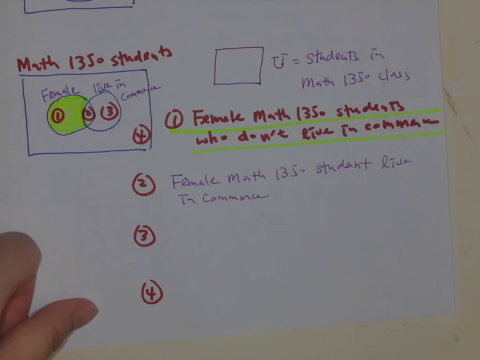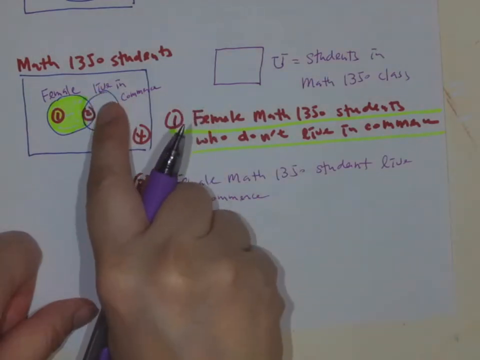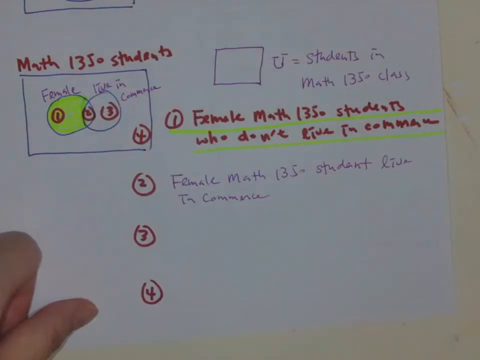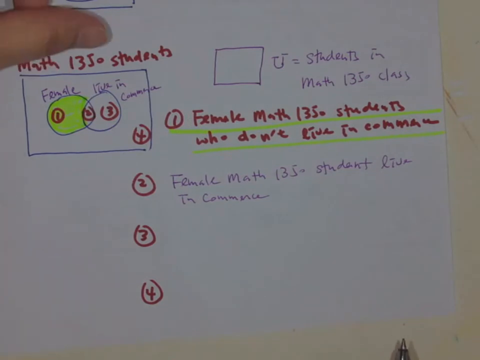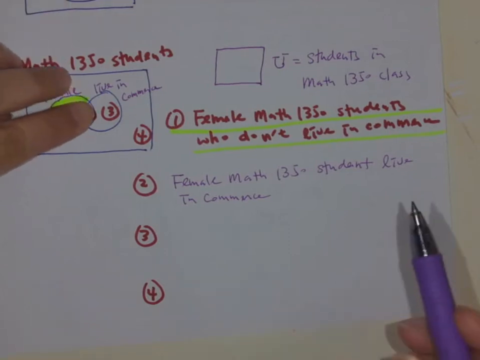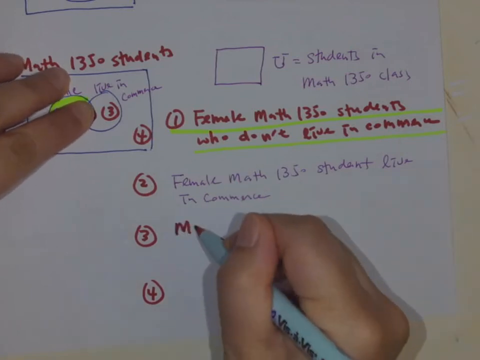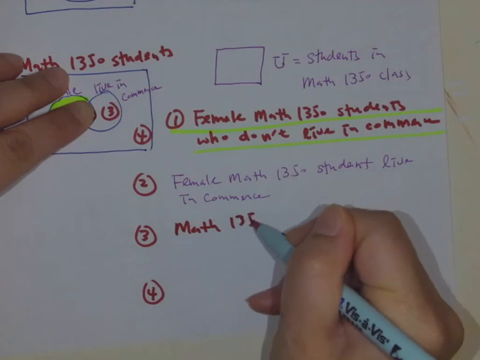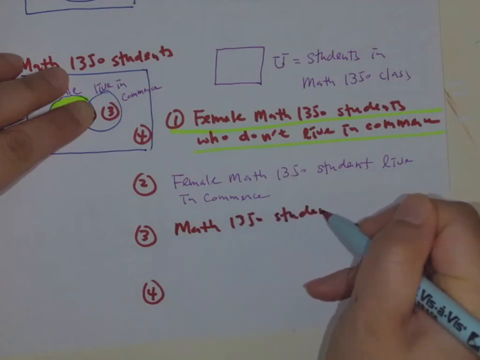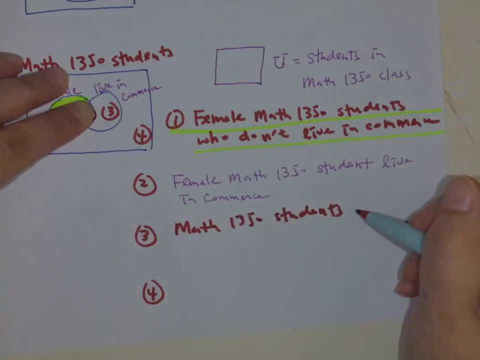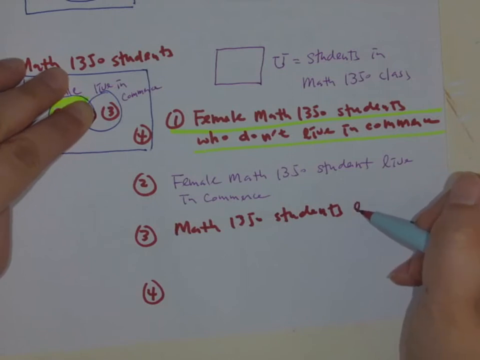How about number 3? It would be the section outside here, not the overlapping part, right? So this circle represents math 1350 students who live in commerce, but not female, right? Just that little part. So number 3 would be male 1350 students, and the circle represents live in commerce, right?